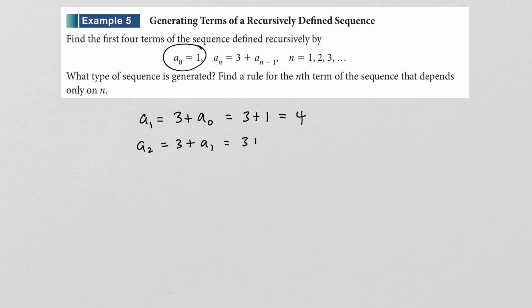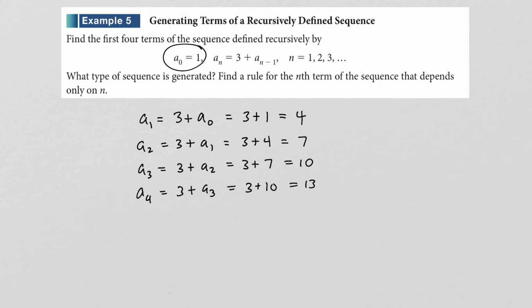Well, that's 3 plus 4 because a1 is 4, and 3 plus 4 is 7. To get a3, we're going to do 3 plus a2, and that's 3 plus 7, which is 10. So each time we're just adding 3 to the last term to get the next term. So a4 would be 3 plus a3, which would be 3 plus 10, which is 13.